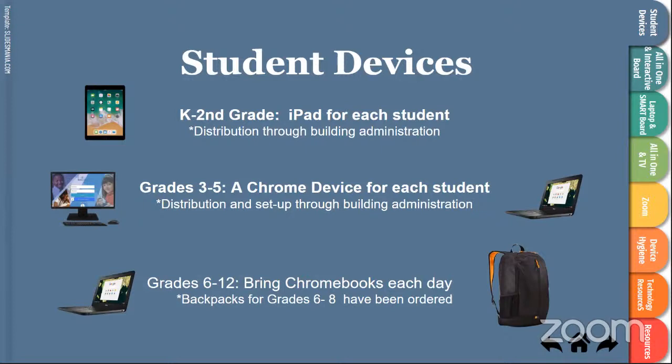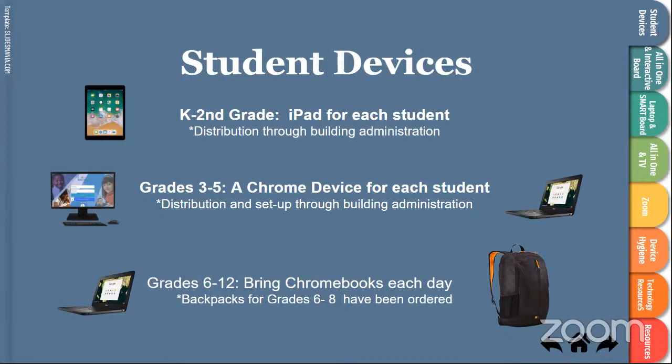For grades 3 through 5, each student will have a Chrome device for use while they are in the school building. Students will have access to either a Chrome box or a district-issued Chromebook that's considered a loaner for use in school only.